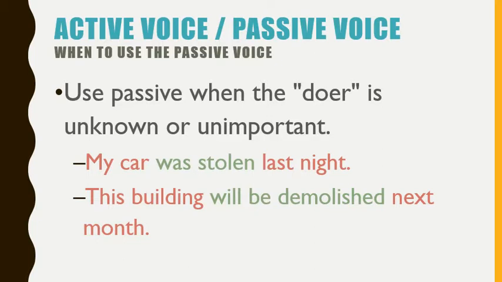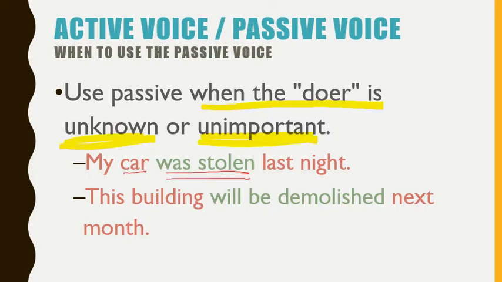Now, there are cases where the passive voice is the more appropriate voice to use. And one case is to use the passive when the doer is unknown or unimportant. Okay, we don't know who's doing this action. As in this sentence, my car was stolen last night.